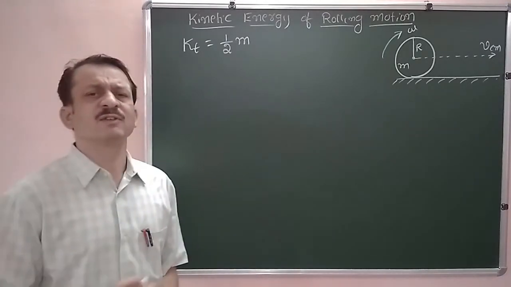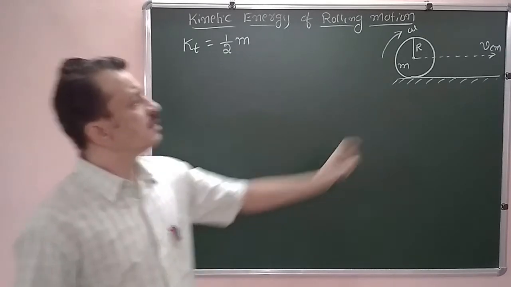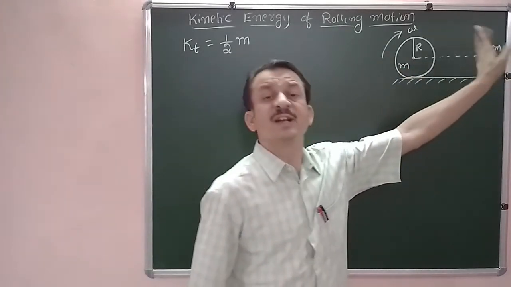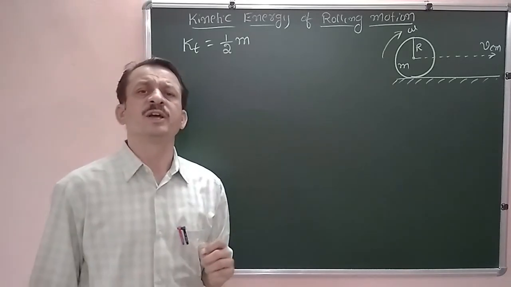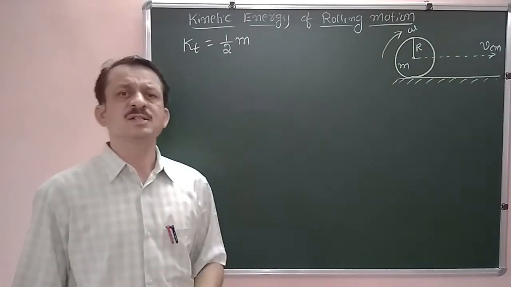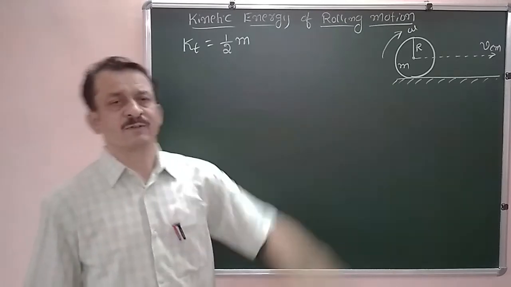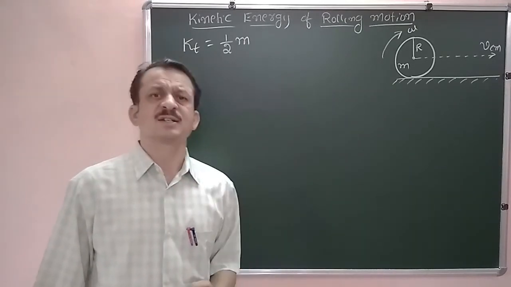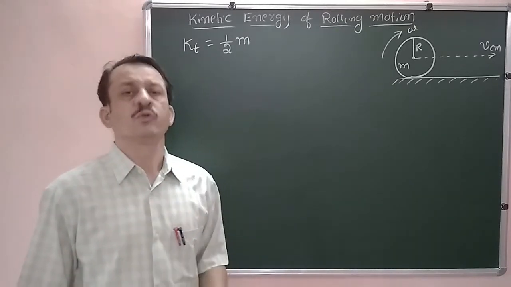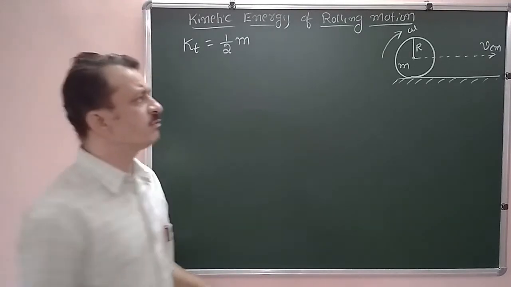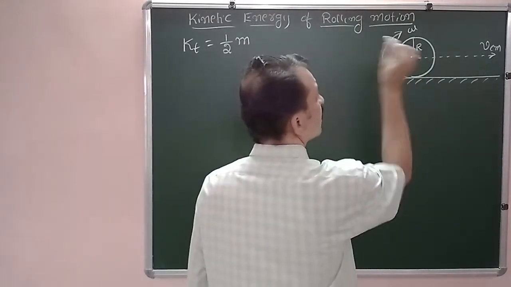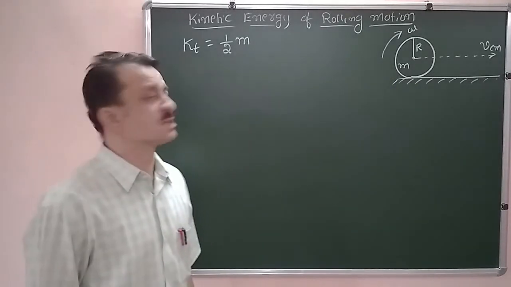Here we are considering the linear velocity of the center of mass. Since this rigid body is assumed to be having n number of particles and all particles are traveling, we are not considering the velocity of all the particles. Instead of that, we are considering the velocity of center of mass.